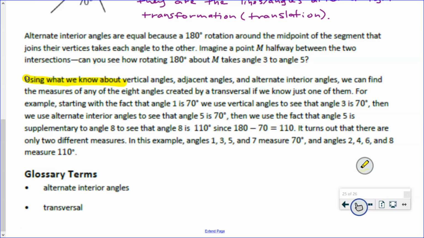Using what we know about vertical angles, adjacent angles, alternate interior angles, and corresponding angles, we can find the measures of any of the 8 angles created by a transversal in those parallel lines if we know just one of them. For example, we're just going to do the cool down. So now let's return to that cool down.